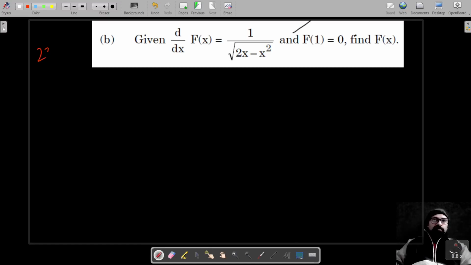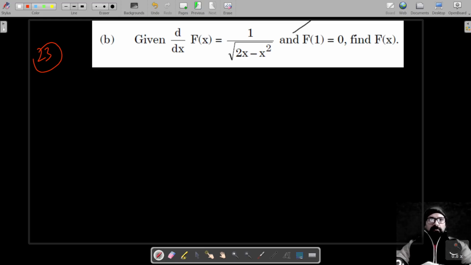For question number 23, part B, it's given that the differentiation of f of x is equal to 1 upon under root 2x minus x square, and we have f of 1 is 0 and we have to find the value of f of x.